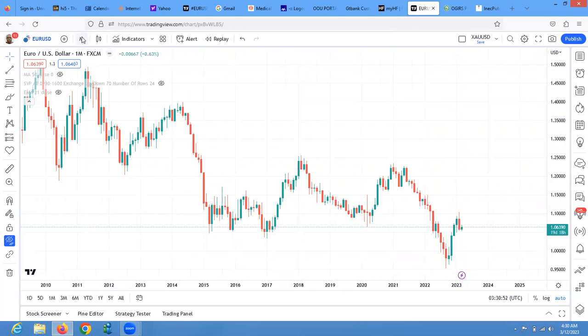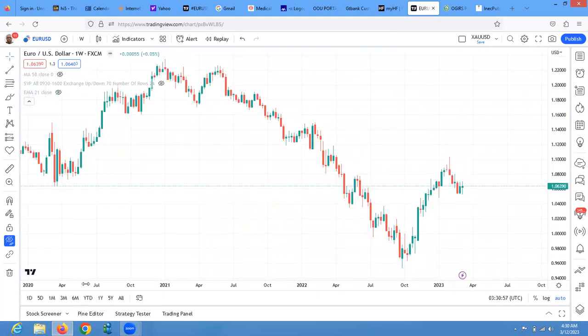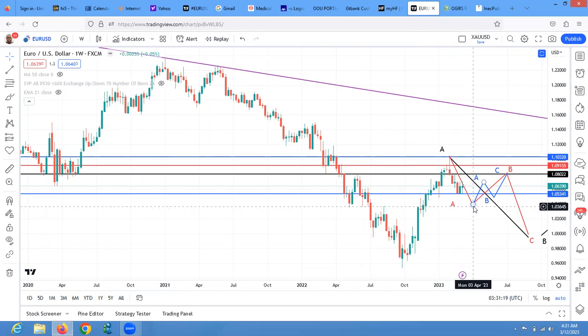So if I go to the weekly, now, like I said, this is the end of A here, and we are seeing a B unfolding. So this looks like the end of A red of this B. If I may bring my drawing again. So not necessarily that it's going to come to this, like I told you, disregard the drawing that I was making on a larger time frame.